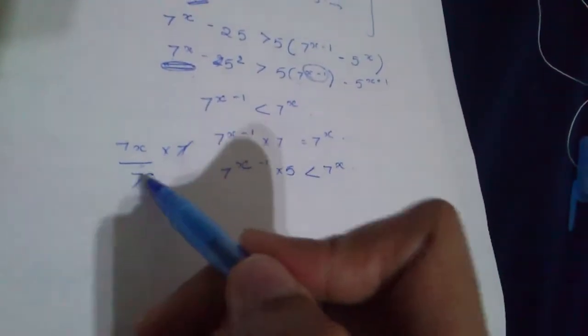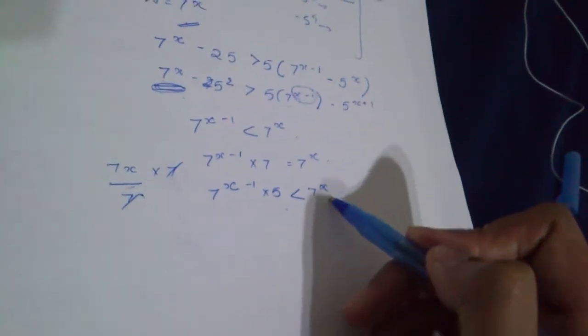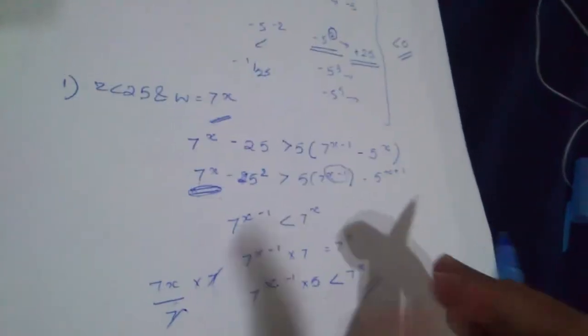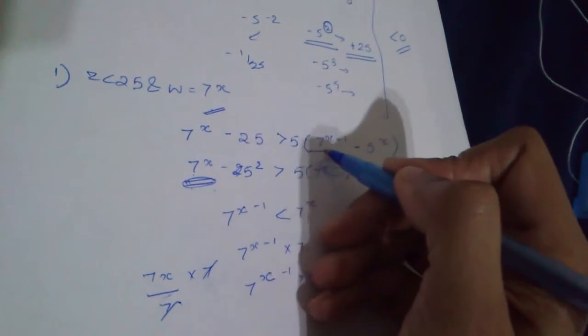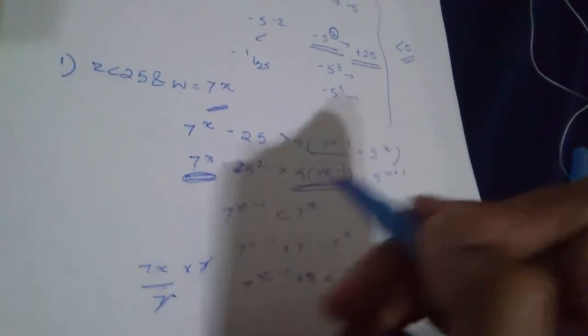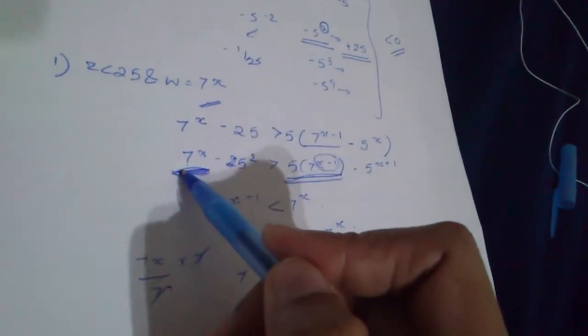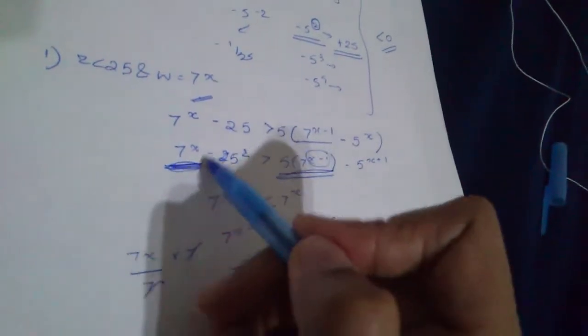If I multiply this by a value less than 7, then it's going to be smaller than 7 raised to x. So we know that the first value in this expression, 5 into 7 raised to x minus 1, is smaller than 7 raised to x. So this value is greater than this.